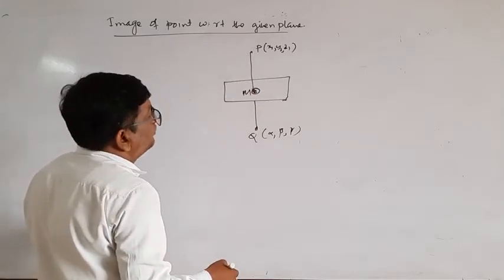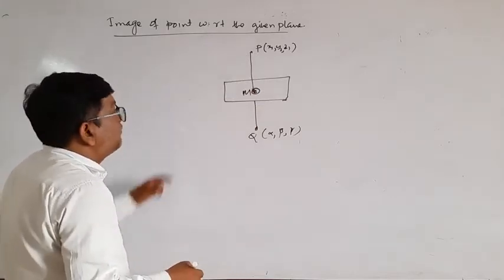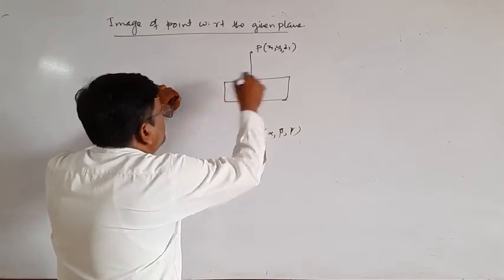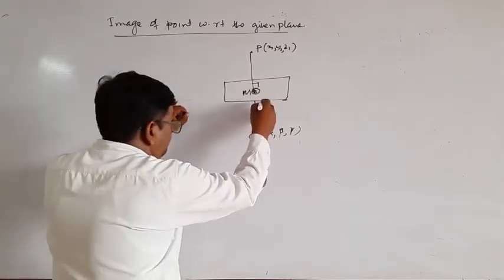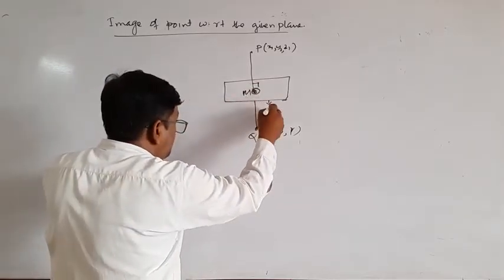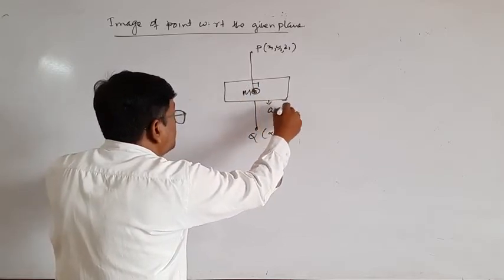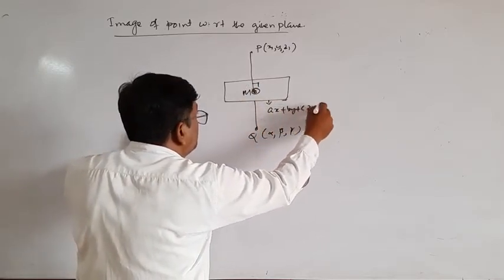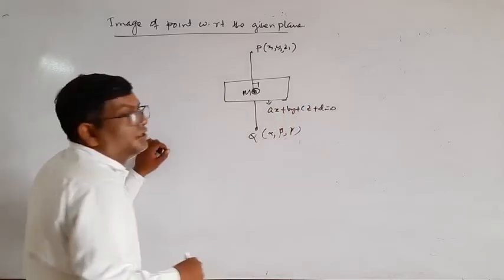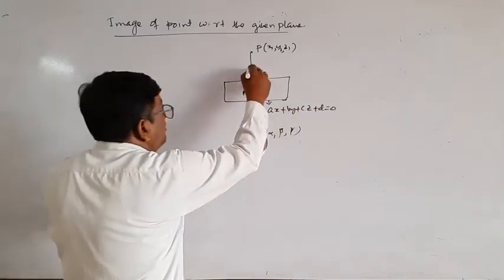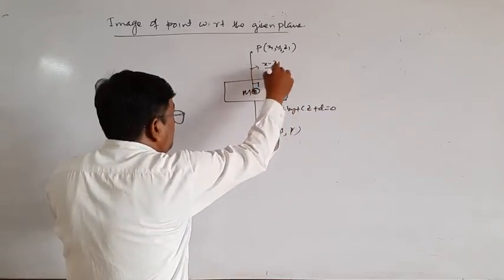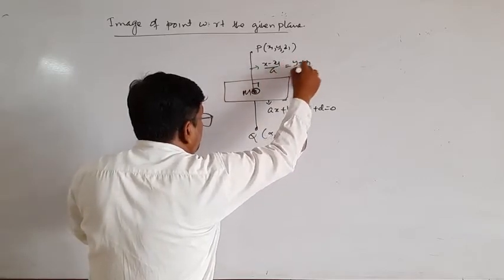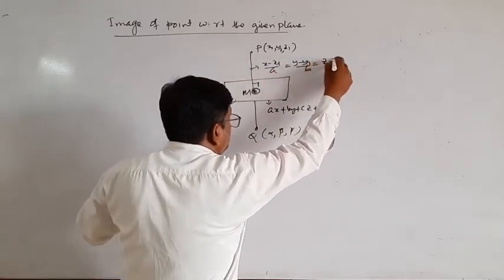First find the equation of the perpendicular. Suppose the plane's equation is ax plus by plus cz plus d is equal to 0, and the line's equation is (x minus x1) by a, (y minus y1) by b, (z minus z1) by c.